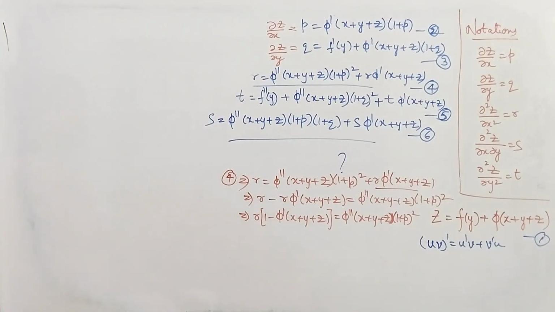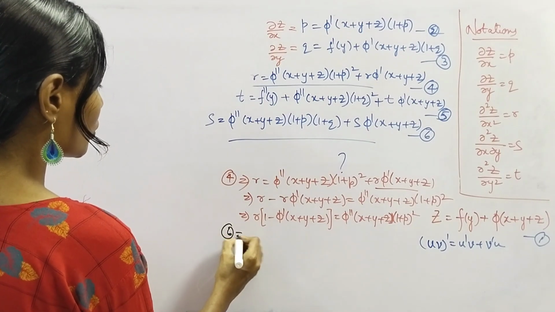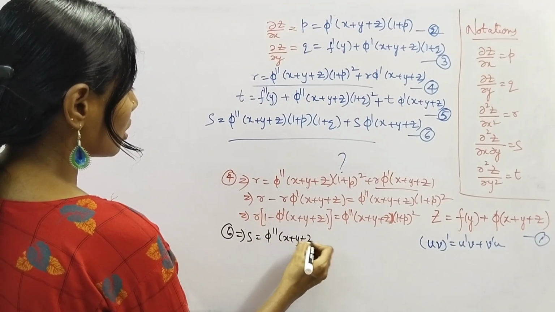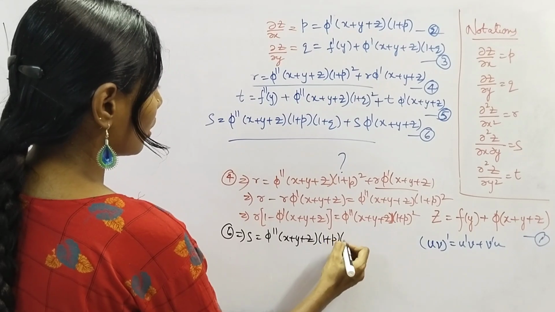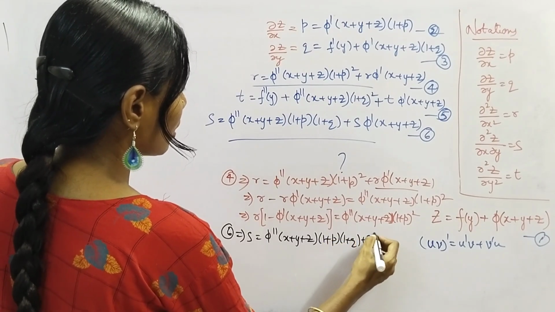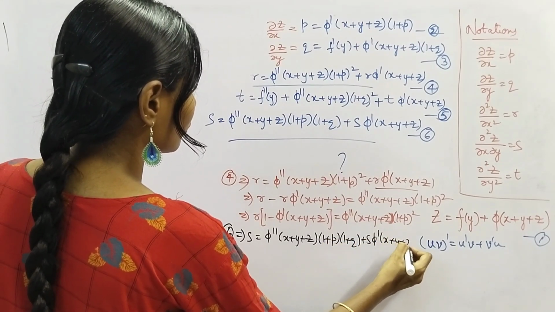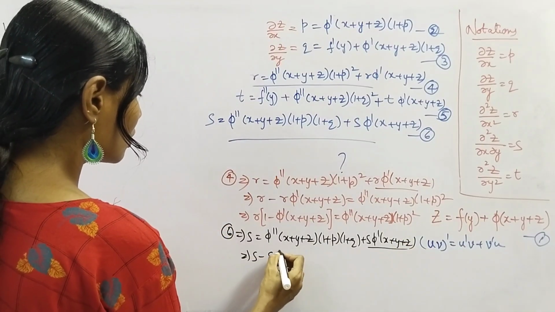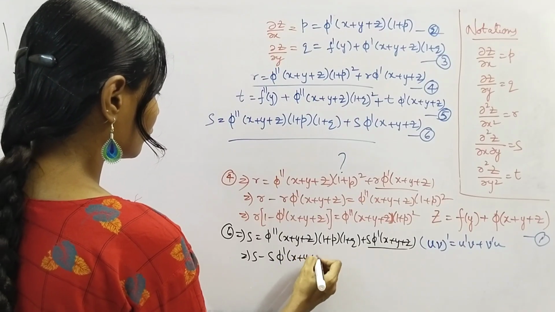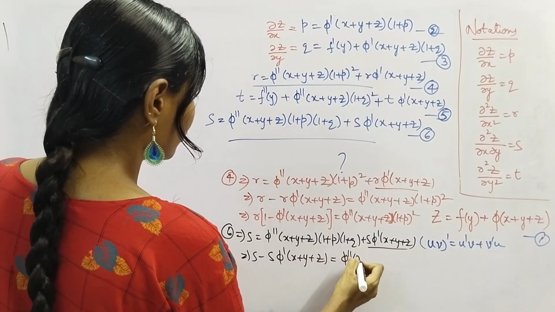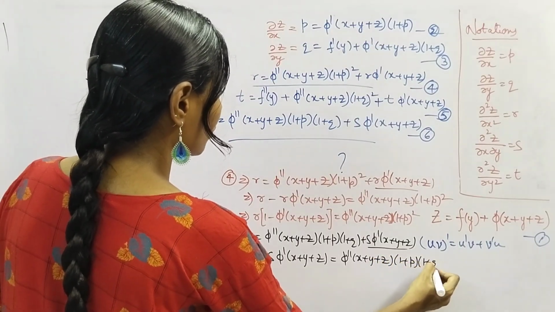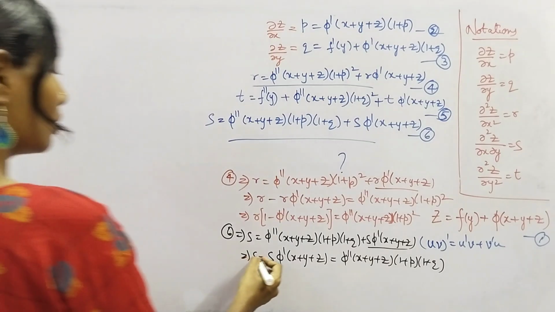Now, consider equation number 6. We have s equal to phi double dash of x plus y plus z into 1 plus p into 1 plus q plus s times phi dash. Now, bring this term to LHS, you'll get s minus s times phi dash equal to phi double dash of x plus y plus z into 1 plus p into 1 plus q. Very good. Now let's take s common here.